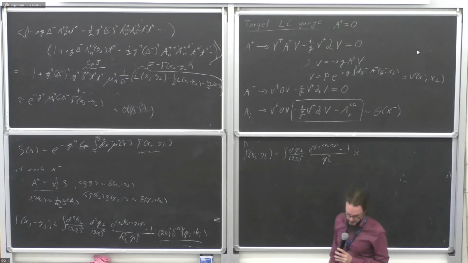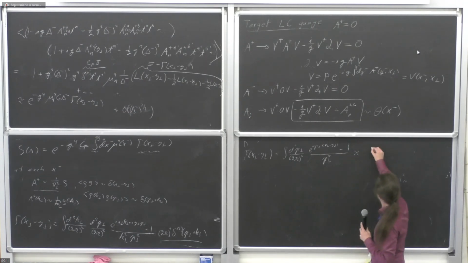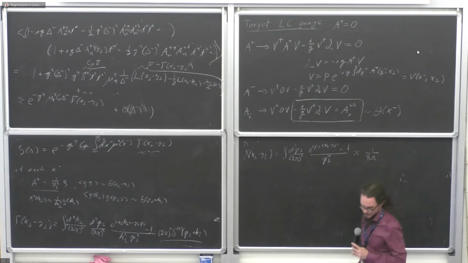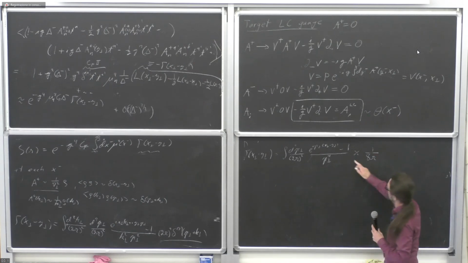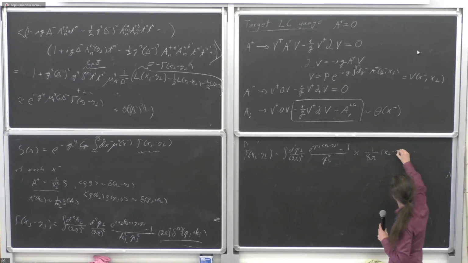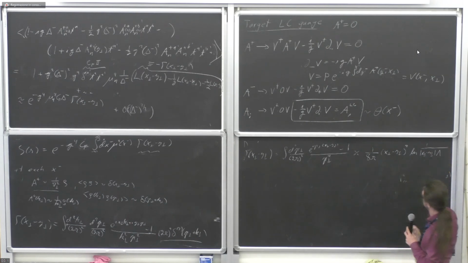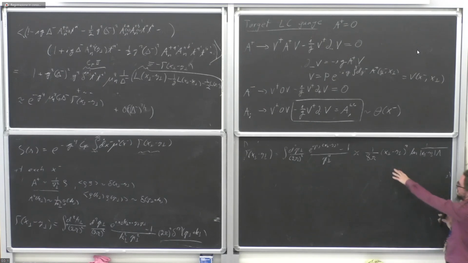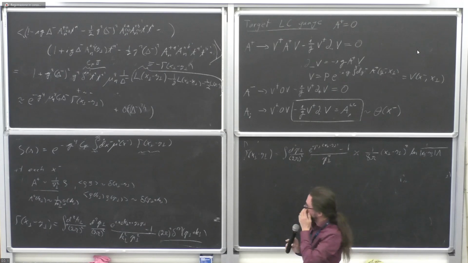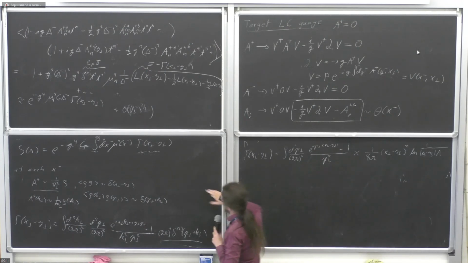If I regularize it in some way, I will get 1 over 8 pi, times x perp minus y perp squared, times a log of 1 over x perp minus y perp times some scale which I needed to introduce to regularize this. So this gamma goes like r squared times log r, and then I can plug this expression into here.